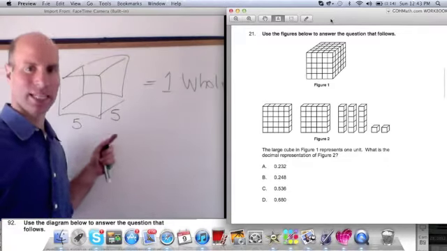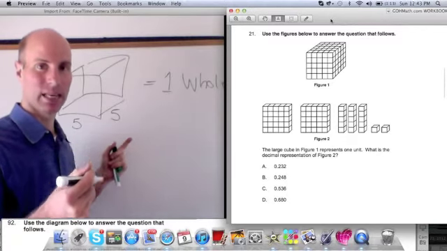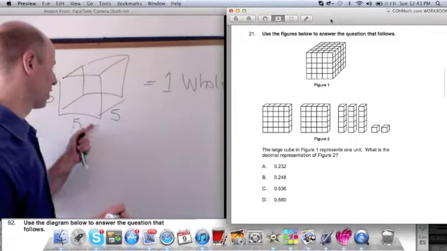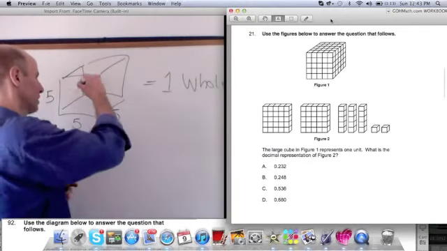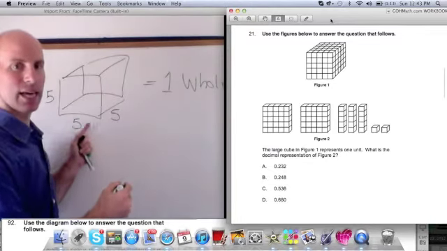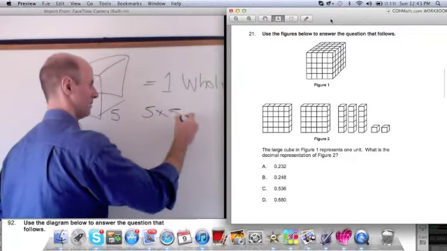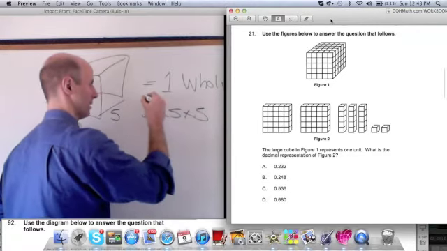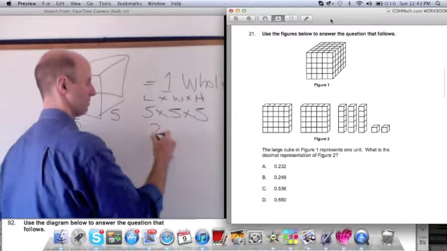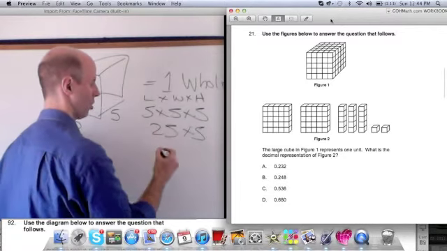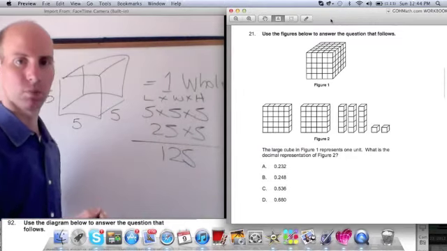So if we wanted to find out how many parts in our whole, how many little squares, we would have to multiply these out, right? 5 by 5, so each sheet would be 25, and it has a width of 5, so that would be, let's see, 5 times 5 times 5, very reminiscent of length times width times height. So we have 25 times 5, or basically we have 125 pieces in our whole.